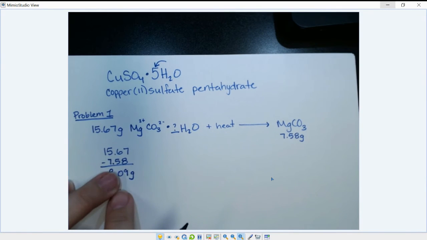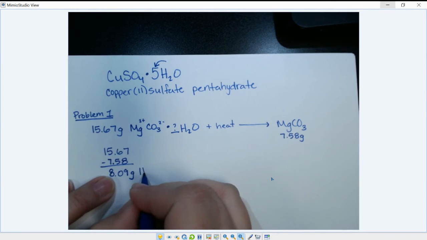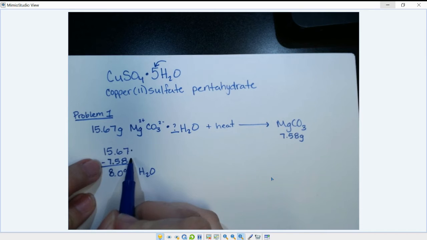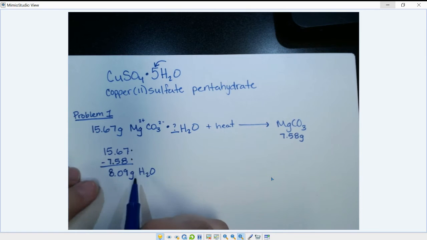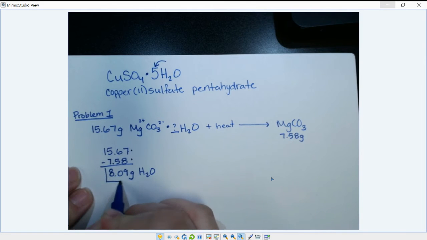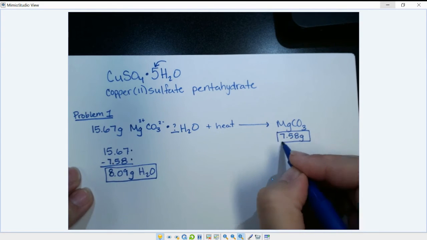Don't confuse what this 8.09 grams represents. This was the mass of the hydrate, this was the mass of the anhydrous salt, which means this is the mass of the water that was lost.